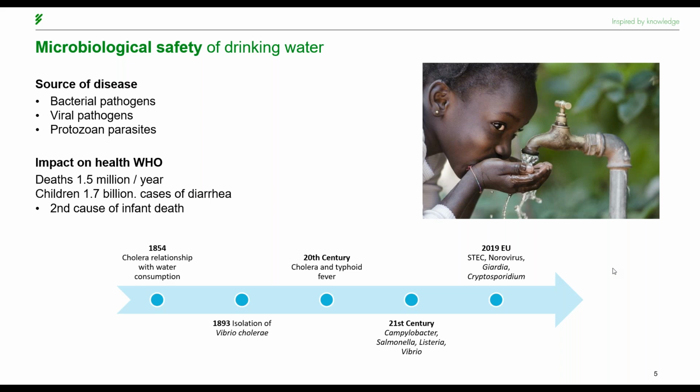And this has, of course, a direct negative effect on health because it may contain microbiological, chemical, and even radioactive contaminants. When there is contamination with human and animal feces, water contributes to waterborne diseases, which are infections that can lead to most commonly gastrointestinal problems or even systemic diseases.